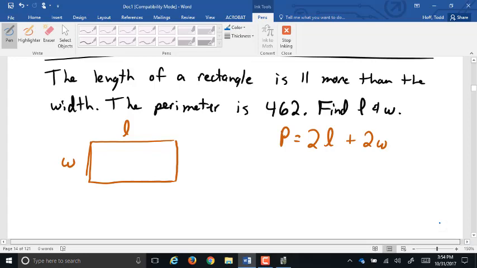Okay, so the key is we have to, of course, replace P here with the perimeter of 462. We have to replace either the L or the W with another expression that looks like it's in terms of the other variable. What are we going to do there?